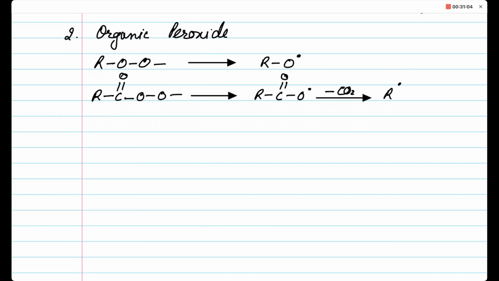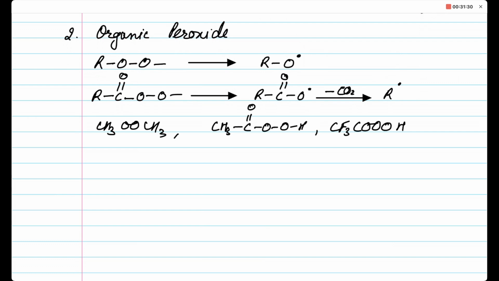The various organic peroxides that we could have, the examples could be CH3OOCH3, that is dimethyl peroxide. We could have something like CH3C double bond OOOH. This is peracetic acid. We could have CF3 C, O, O, O, H. Remember, if we have three oxygens, this turns out to be a peroxy acid.